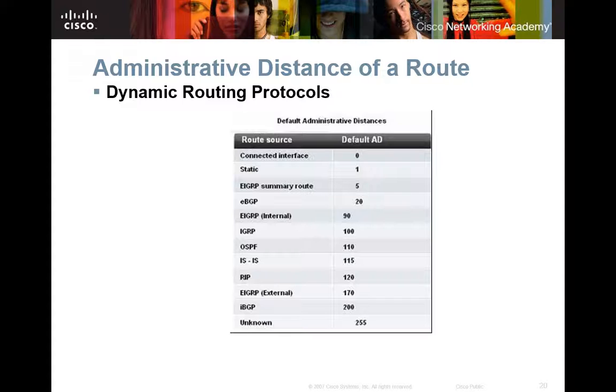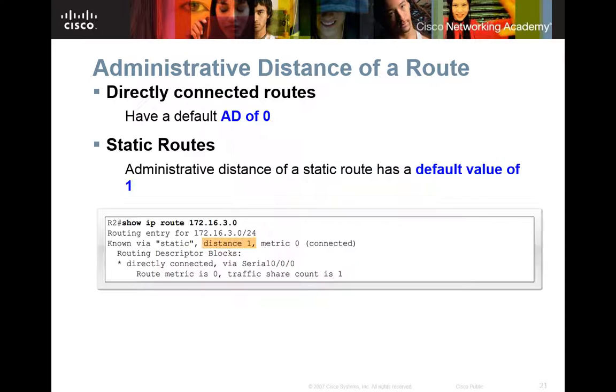If EIGRP, it's a 90. What does that tell me? Well, that's just a regular EIGRP, not the summary route. What about 170? Well, that's my external EIGRP. And if it can't be figured out, it's going to be a 255. You will need to know this table really well if you plan on taking your CCNA.